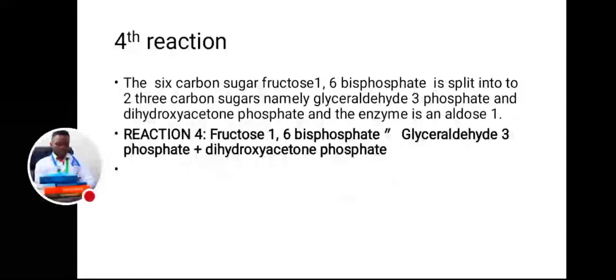Then reaction number 4, we have the 6-carbon sugar, that is fructose 1,6-bisphosphate, split into 3-carbon sugars, namely glyceraldehyde 3-phosphate and dihydroxyacetone phosphate, and the enzyme is called aldolase.